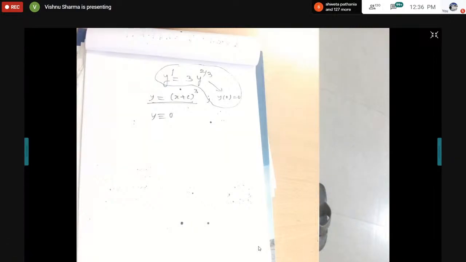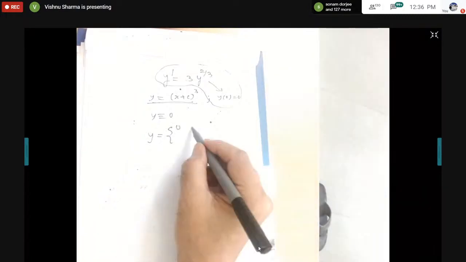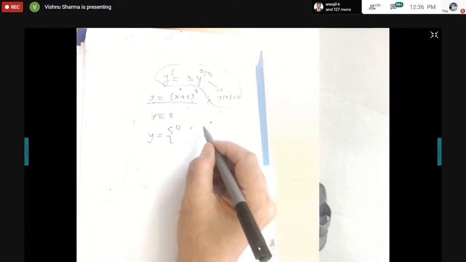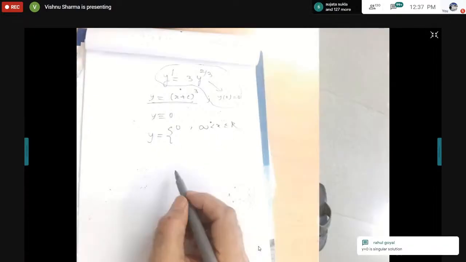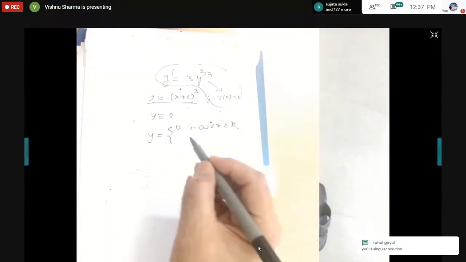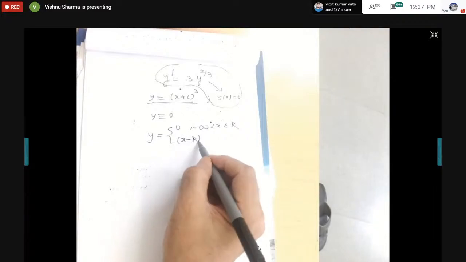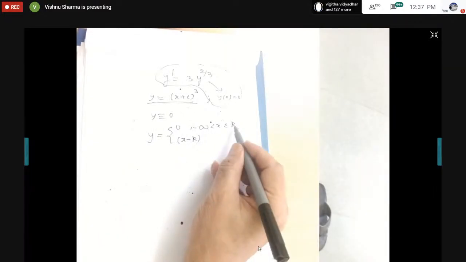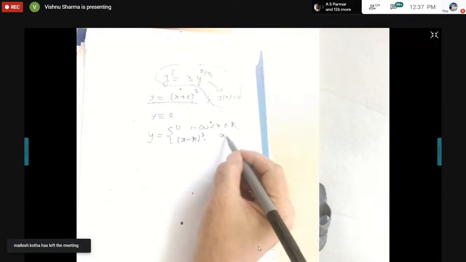For some alpha we define y of x equal to 0 if x is between minus infinity and alpha, and then (x minus alpha) cube for x greater than alpha. This is very right.